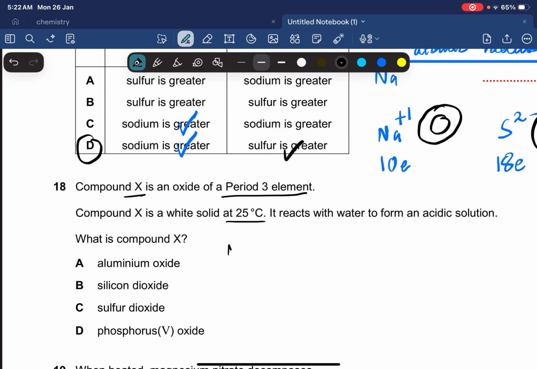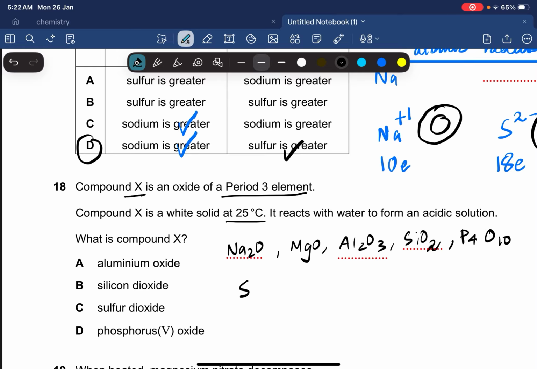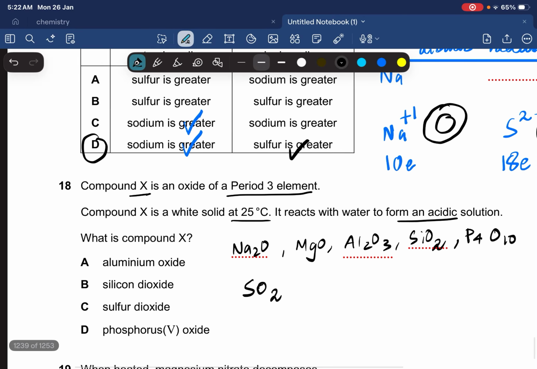So we have sodium oxide, magnesium oxide, aluminum oxide, then silicon oxide, then phosphorus oxide, P4O10, then sulfur dioxide. That's all that we know. It reacts with water to form an acidic solution. What is compound X?